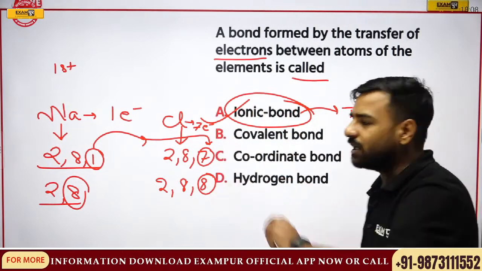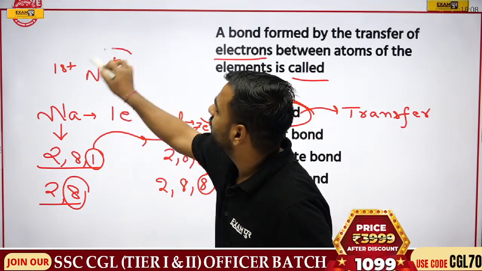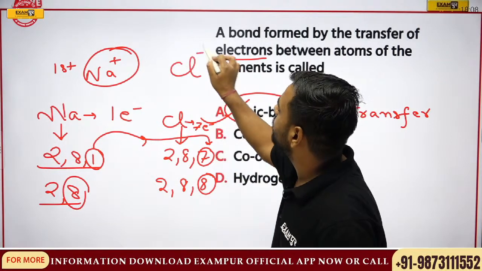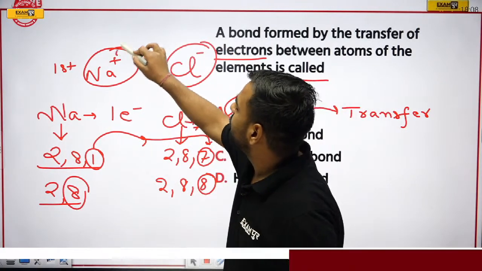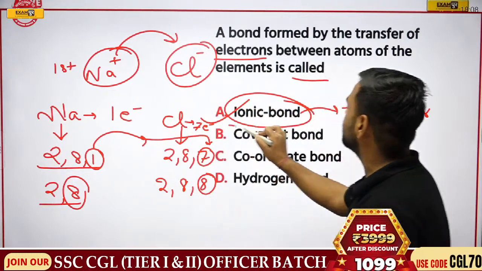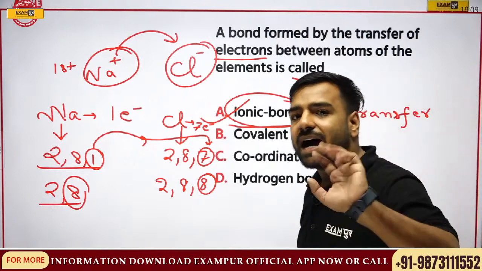Now here what is happening? Electron is donated from sodium, so 1 electron is donated, Na plus; 1 electron is gained by chlorine, so negative charge. And in this manner, electron transfer is taking place, and this type of bond is known as ionic bond. Please remember, this type of bond is known as ionic bond.